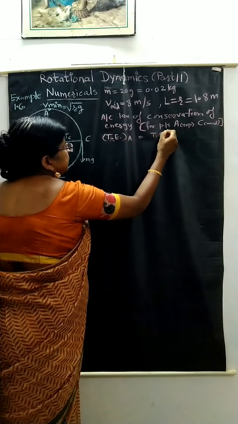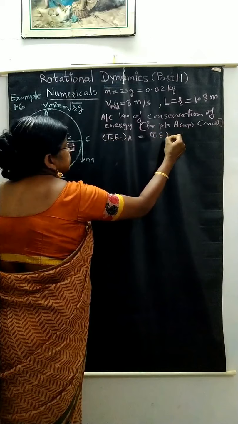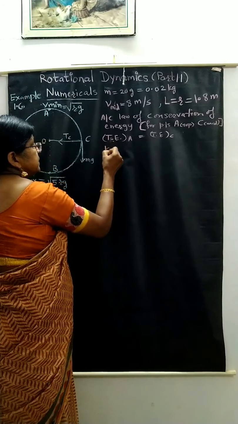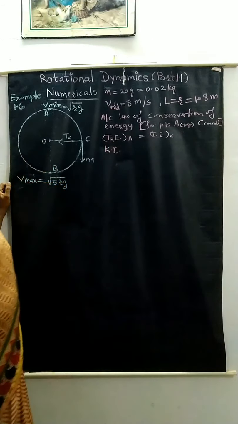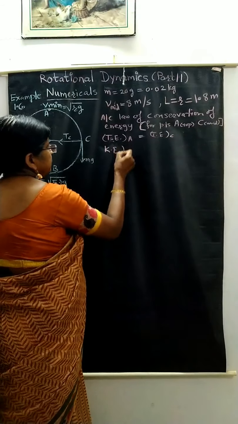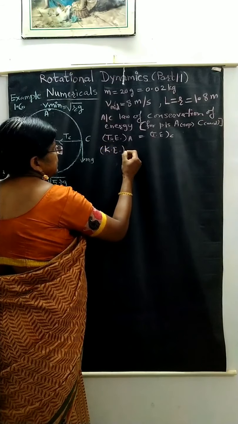energy at point C. The total energy is sum of the kinetic energy of the particle and the potential energy of the particle.